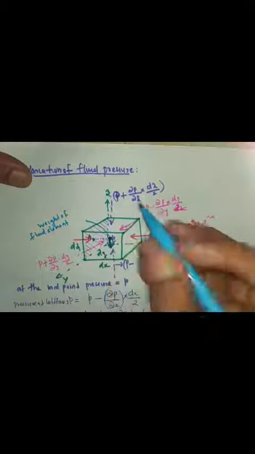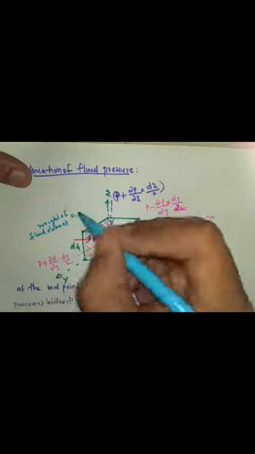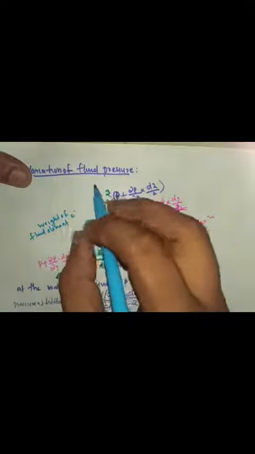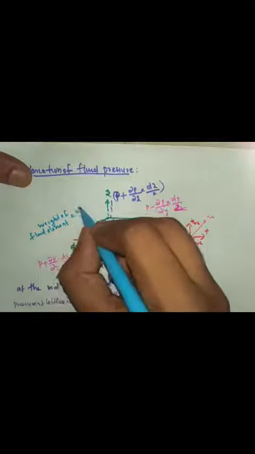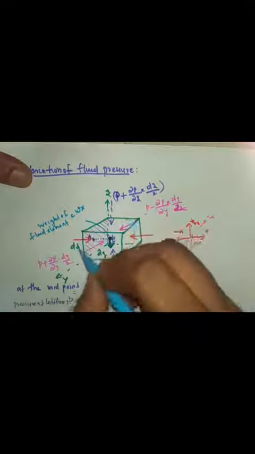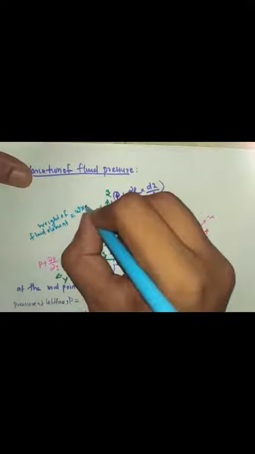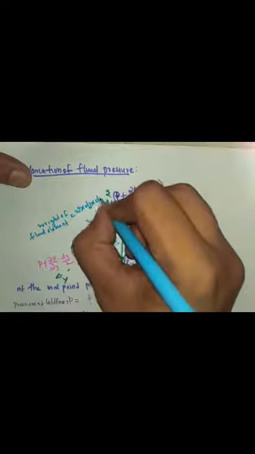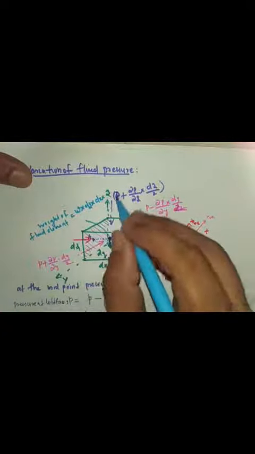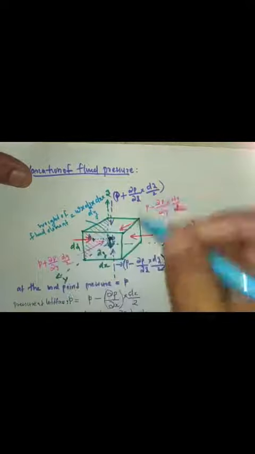So what is the weight of the fluid element? It is equal to the specific weight w, that is weight per unit volume, into the volume of the element. What is the volume of the element? It is dz into dx into dy.